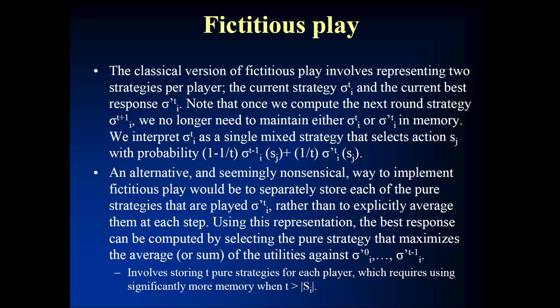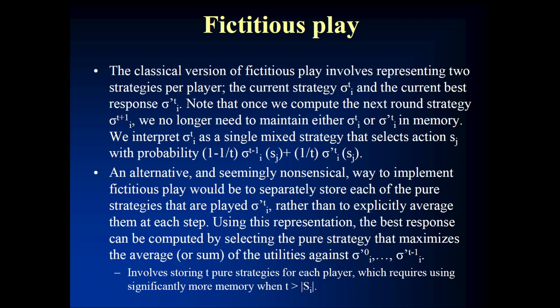Now, we could alternatively implement fictitious play by, rather than averaging them together and creating a mixed strategy, separately storing each of the pure strategies that are played and then computing a best response by maximizing the average or the sum of the utilities against the T pure strategies played by the opponent.